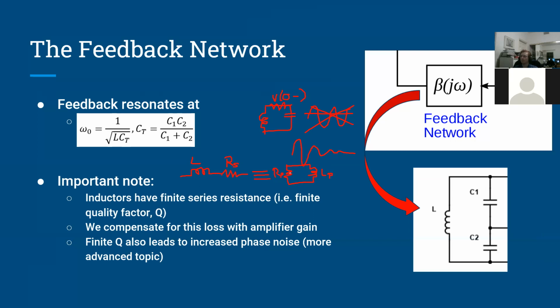And I'm going to have some capacitance here too, right? Because we're resonating with the capacitance. And what we want to do is get rid of this resistance. So that's what the amplifier does.